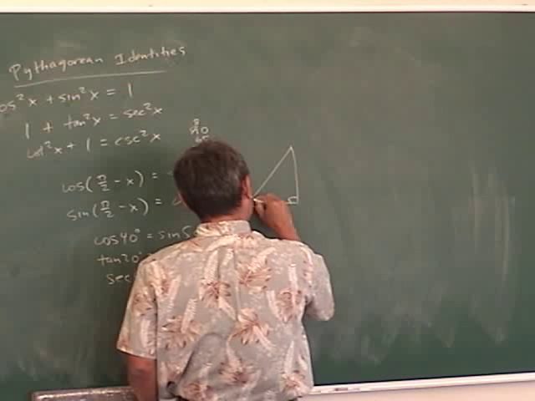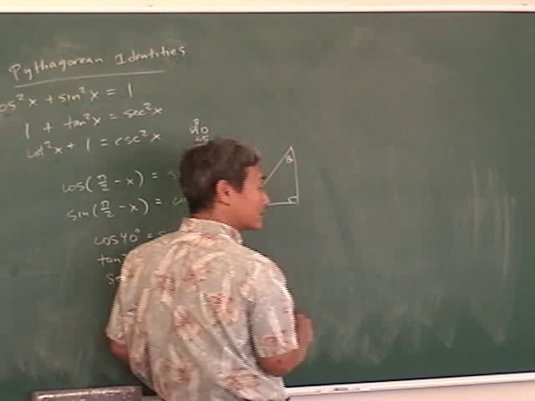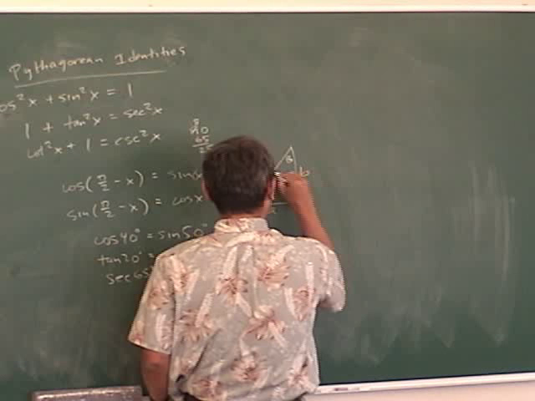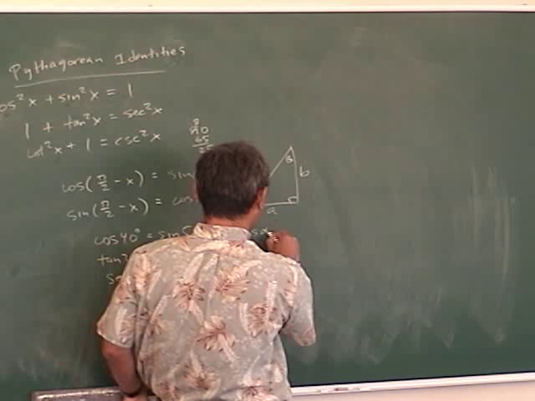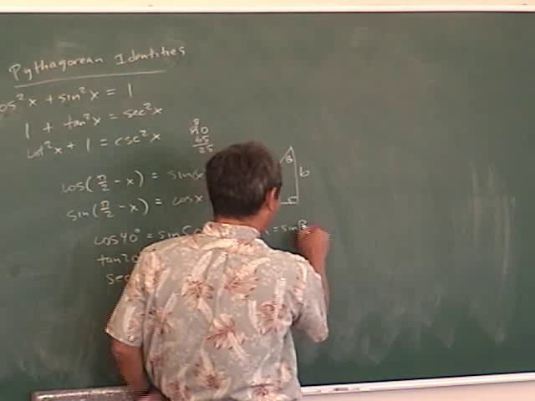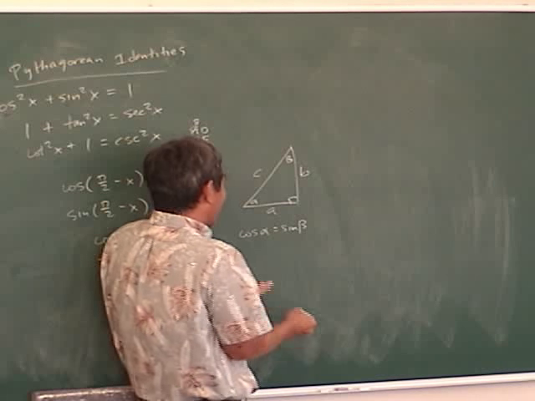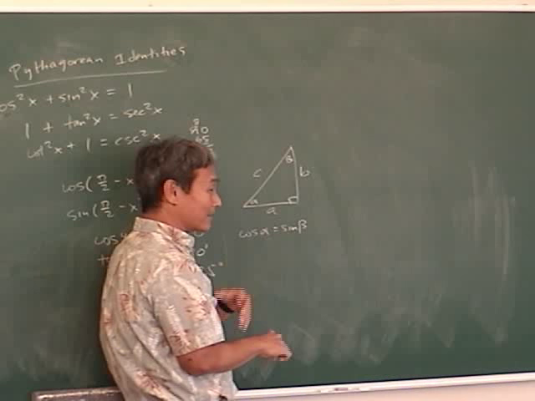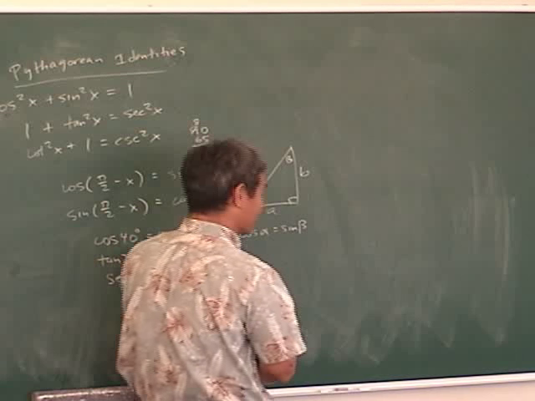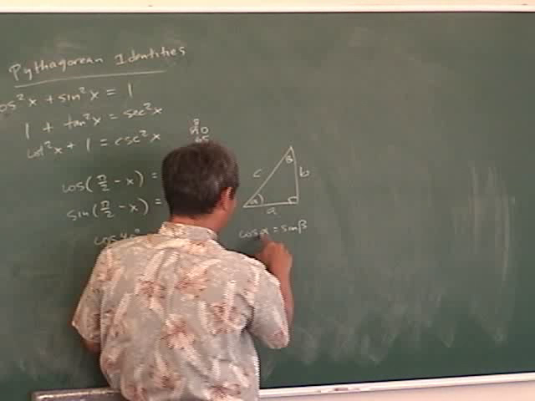Would you agree that this angle plus this angle equals 90 degrees? Good. Why is it that the cosine of this is equal to the sine of that? What did we learn last year? What is cosine? Did you guys learn SOHCAHTOA? I don't like to say that because it's like FOIL, but if you have SOHCAHTOA, what is cosine of alpha?